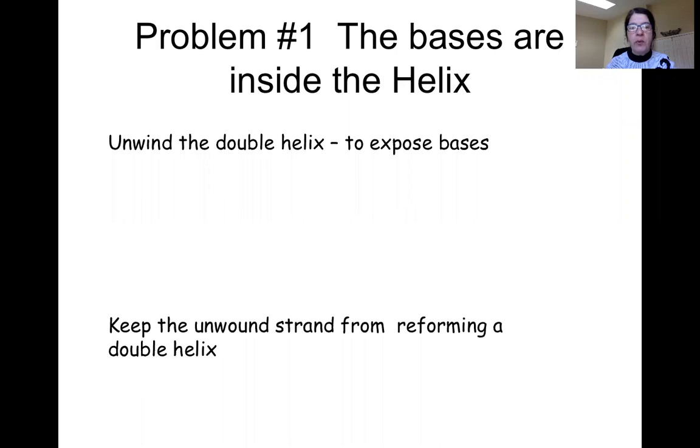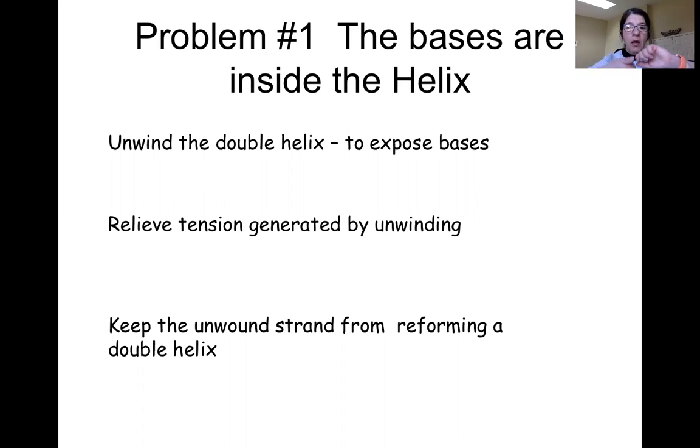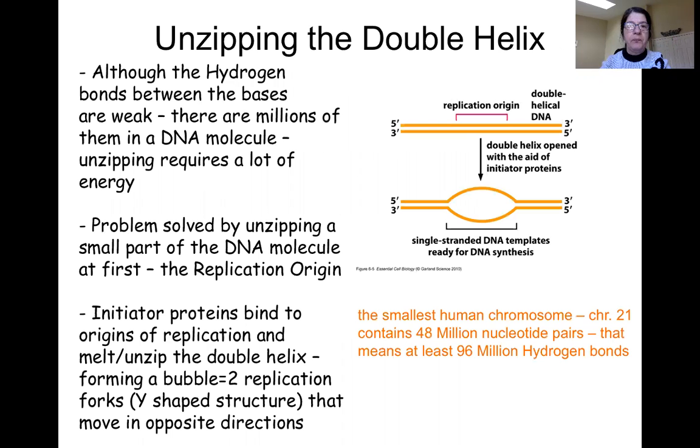We need to keep them from reforming the double helix. And of course, we need to relieve tension, which is generated by the unwinding. And if you don't believe me, just take an elastic band, make a helix by rotating it, and then try to unwind it and see what happens behind the unwinding.